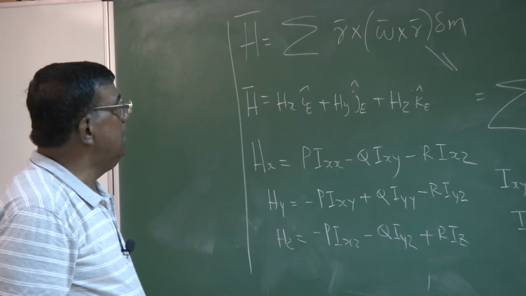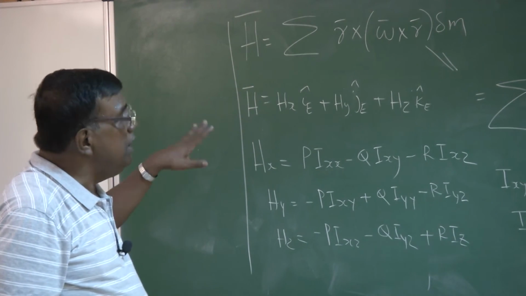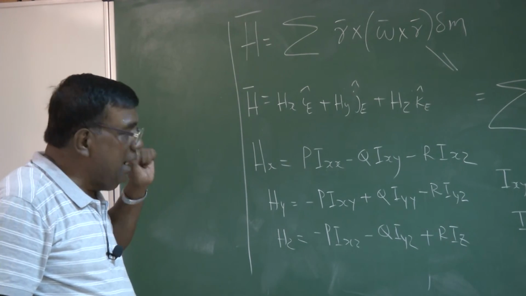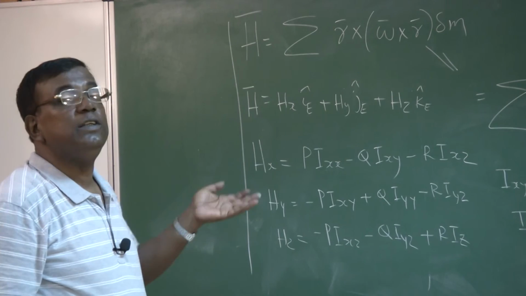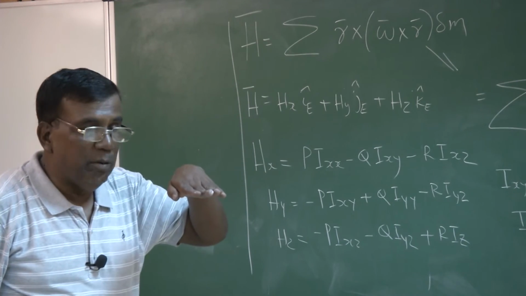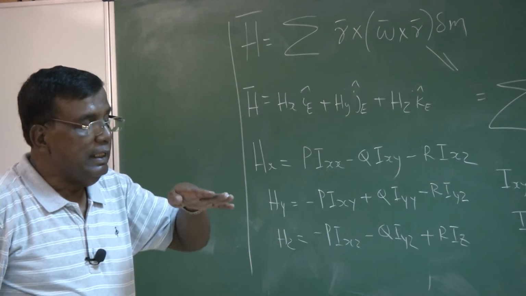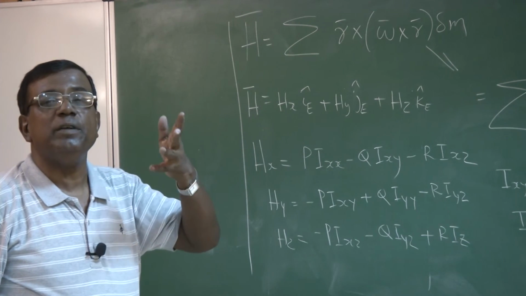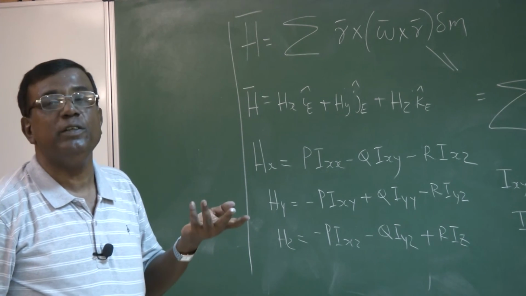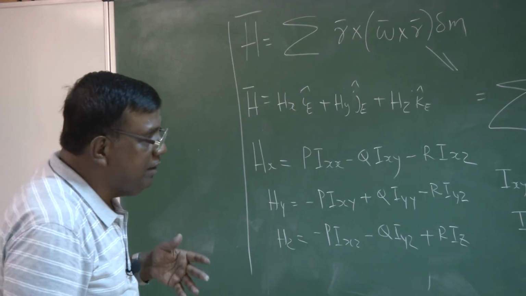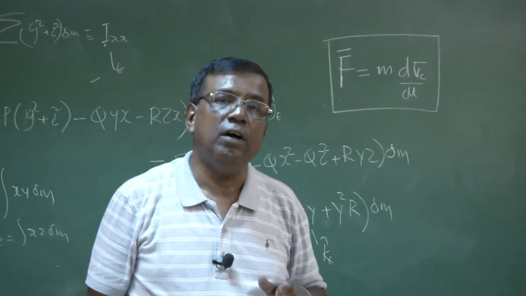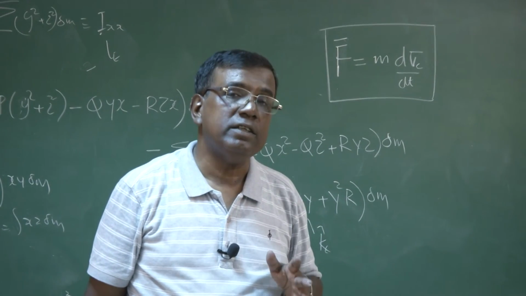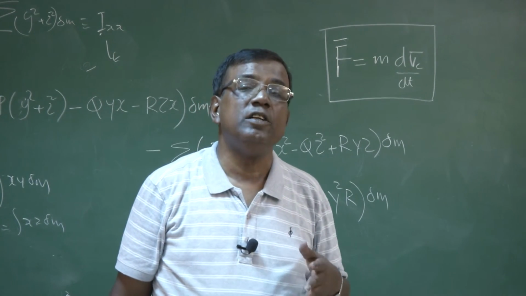So we'll try to see what we should do so that we can use this in the body frame. If I am operating in the body frame, then even if the body rotates, the moments of inertia will not change because the axes also rotate. The trick is you operate in the body frame, but do not violate the condition of Newton's laws, which should be applied with respect to the inertial frame.